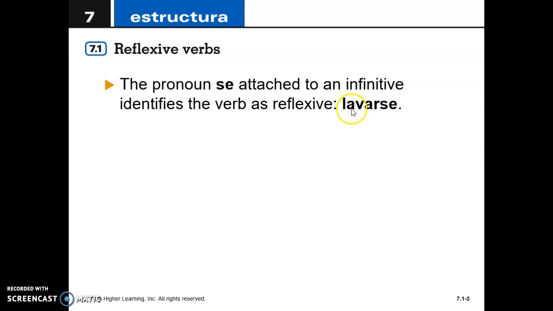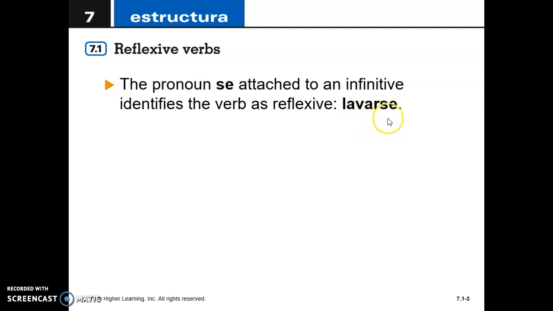We could say lavar, which is just the verb to wash the car, to wash the carpet, to wash someone's hair. But when we say lavarse, then we mean that the action is falling on the same person that is talking.